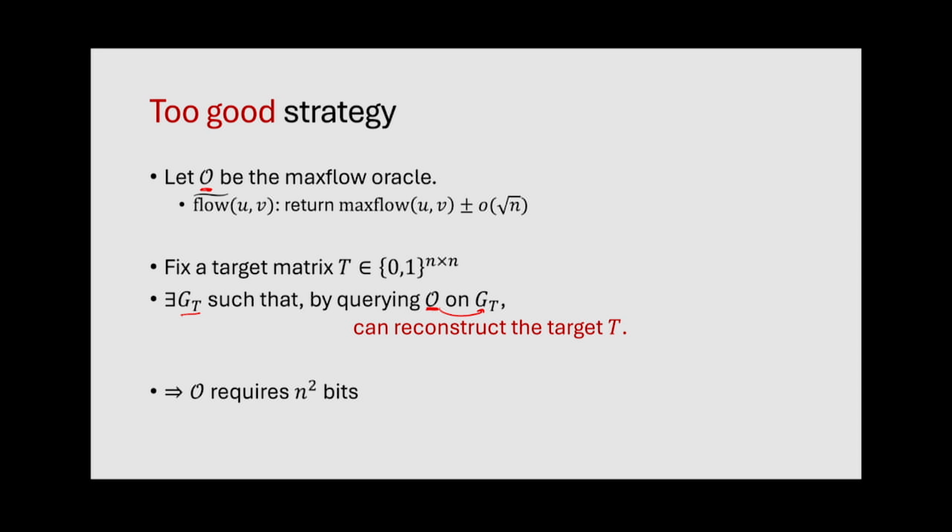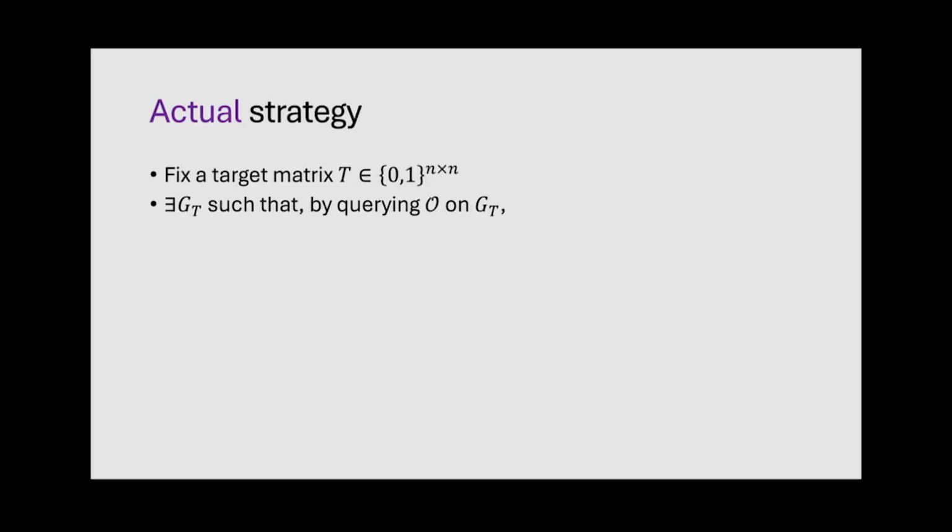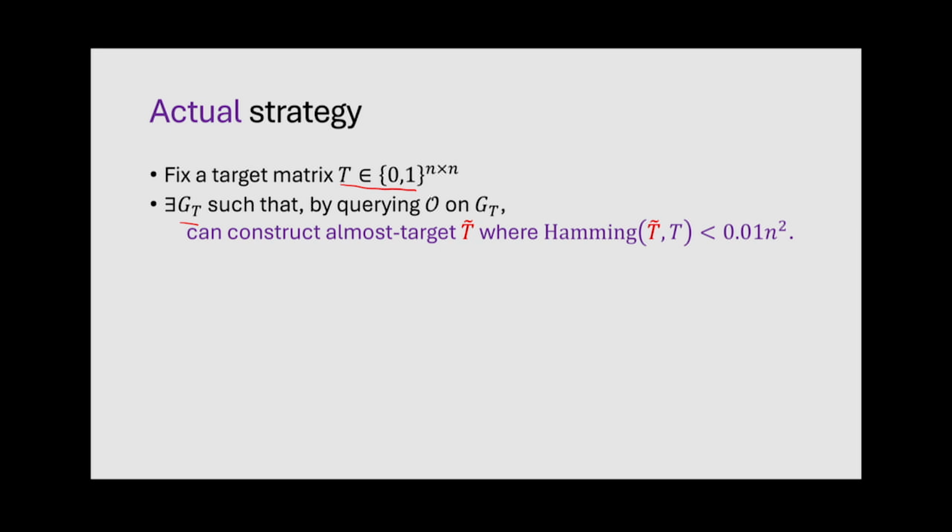But this is not exactly what we're going to do. We're going to do something similar. We're going to show that, given this target matrix, you can construct some graph G_T such that just by querying the oracle on this graph, I can construct an almost-target T tilde, where T tilde is close to T. They differ on only 1% of the entries.